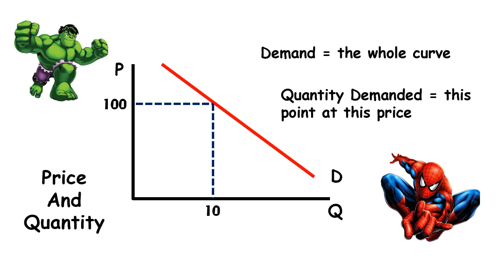Quantity demanded means we're moving along the curve. So if we're here and we end up here, that's a change in quantity demanded. If we end up here, that's a change in quantity demanded. If the whole curve moves and we end up here somewhere, that's a change in demand. Got that? I certainly hope so.